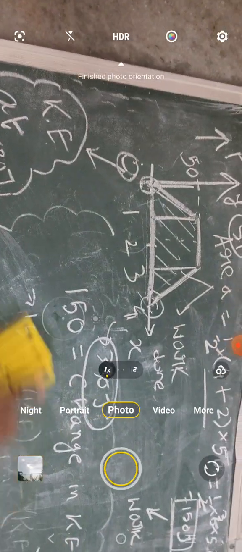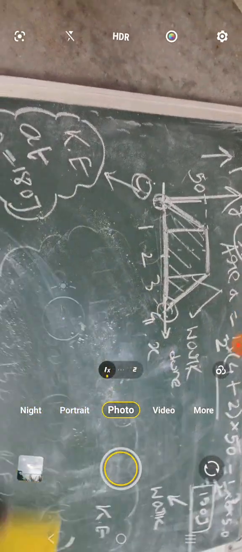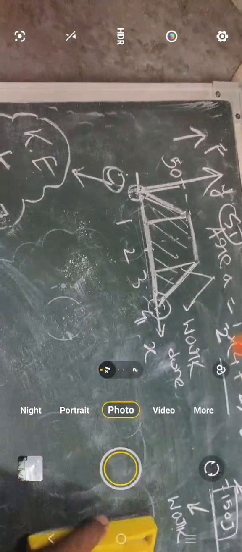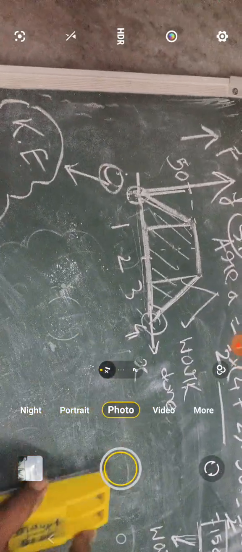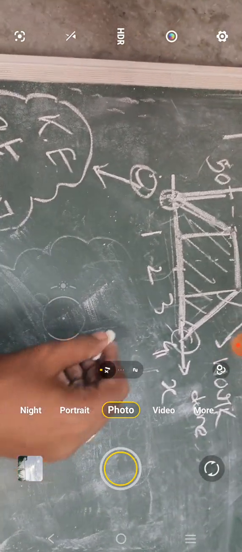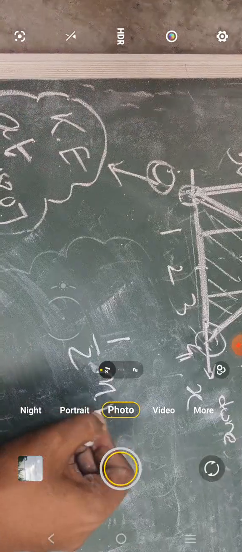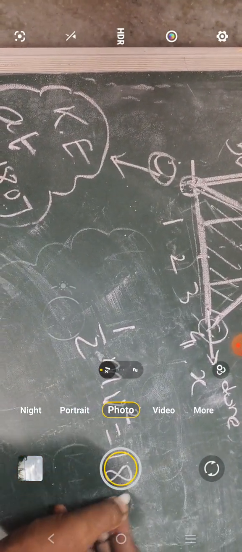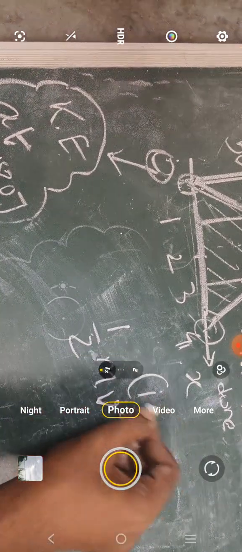Now what is the question asking? In the question they are asking the speed of the block at point O and point 4. At point O, kinetic energy is 180 joule. We know the formula of kinetic energy: half mv square. Half mv square equals 180 joule. This is the first question's answer.